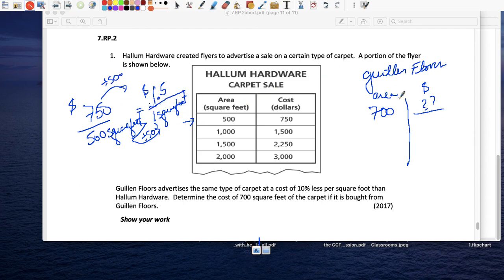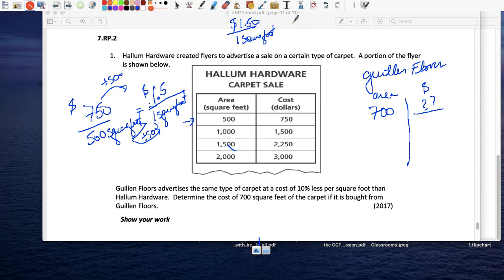Now that we have what Harlem is, the other store is 10% less. Well, what's 10% less? Let me write it, so it's $1.50 at Harlem Hardware for 1 square foot. What's 10% less than that?